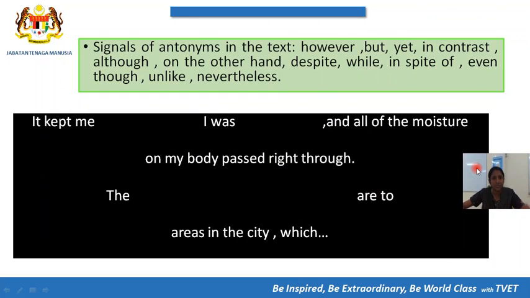Signals of antonyms. What are the signals that usually appear in the text? However, but, yet, in contrast, although, on the other hand, despite, while, in spite of, even though, unlike, nevertheless. So these are the signal words which resemble antonyms in a text.